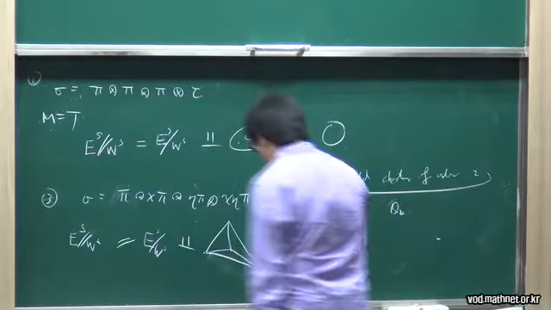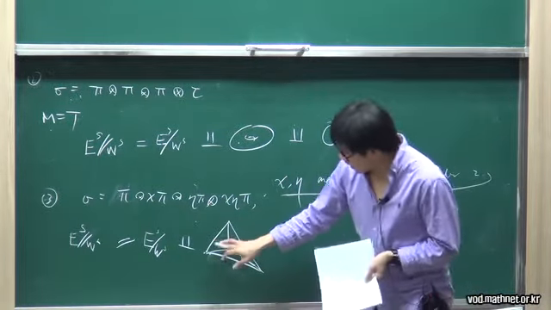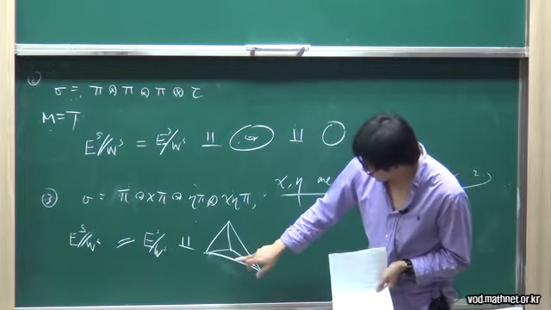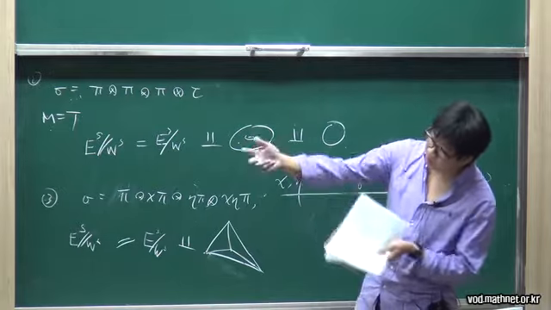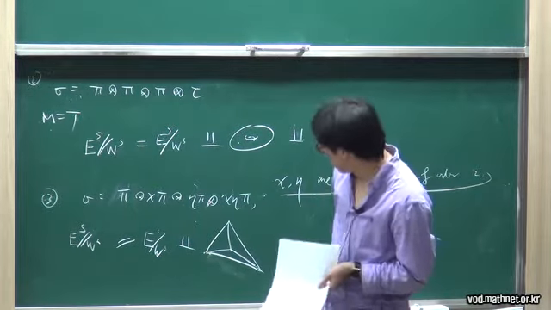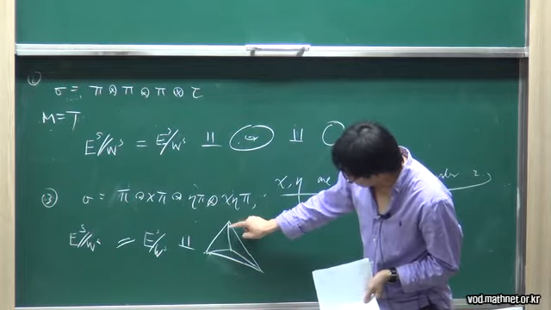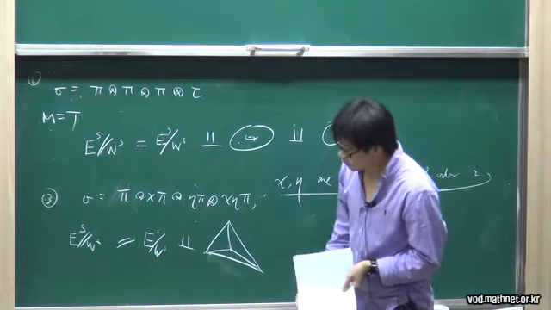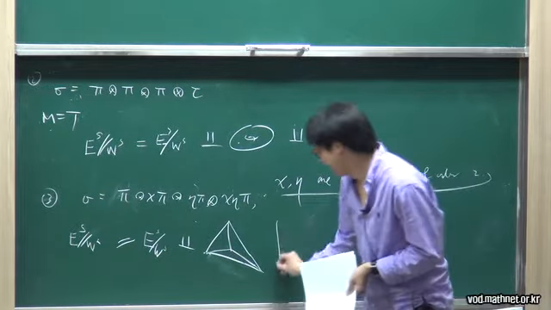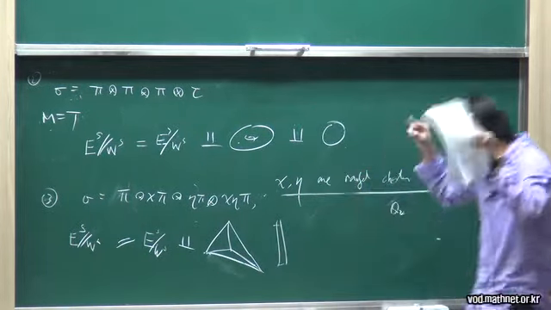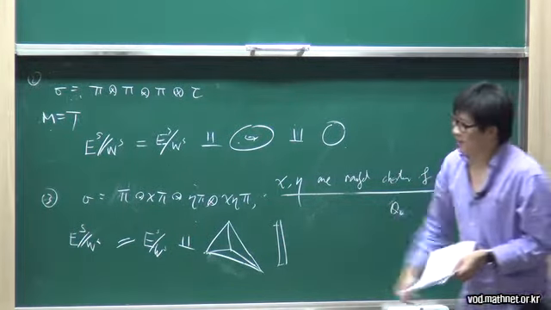So we can see that in this case, any point on the edge stands for a character of T, and using such a character, we can have an induced representation. This picture tells us the reducibility of the induced representation with respect to the S can look like this. So this gives a very concrete geometric picture of this dual object.